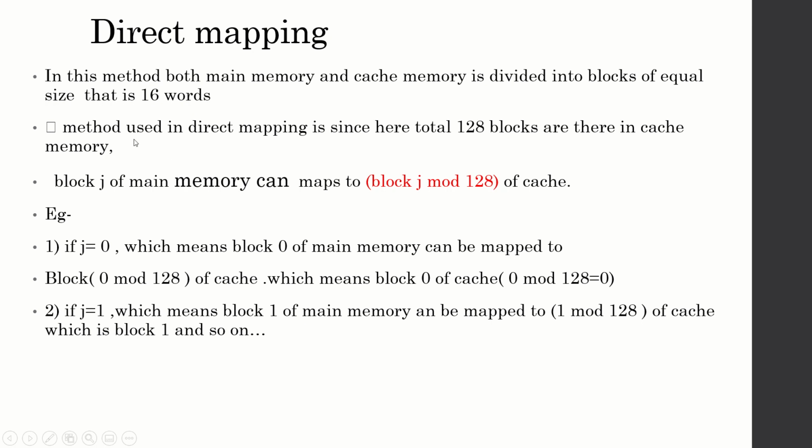Our main memory has 4096 blocks and the cache memory contains 128 blocks. Suppose that we have to map the jth block of main memory into a particular cache memory block. We just want to do this calculation. That means block J of main memory can be mapped onto block J modulo 128 of cache.